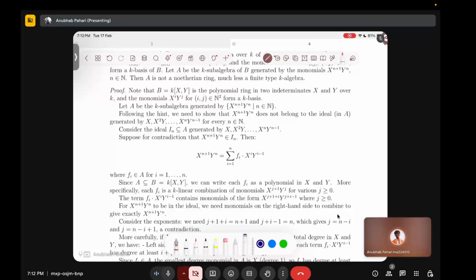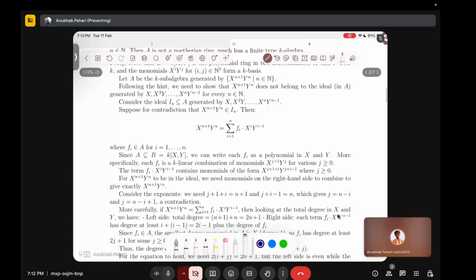Now, suppose for contradiction that x^(n+1) y^n belongs to I_n. Then x^(n+1) y^n should be a combination of elements x^i y^(i-1) f_i, where f_i are coming from A, since I_n is generated by those.